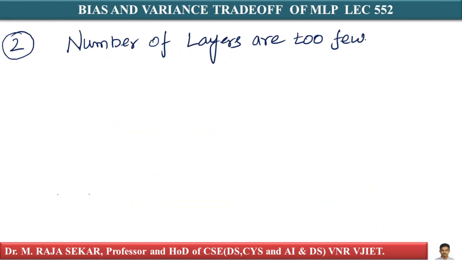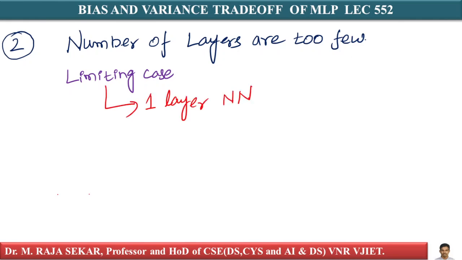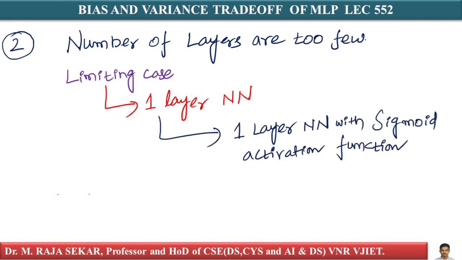This is the first point. My second point is, if the number of layers is too few, let's take the limiting case. Let's say you have a simple one layer neural network. A one layer neural network with sigmoid activation function is nothing but logistic regression, isn't it?